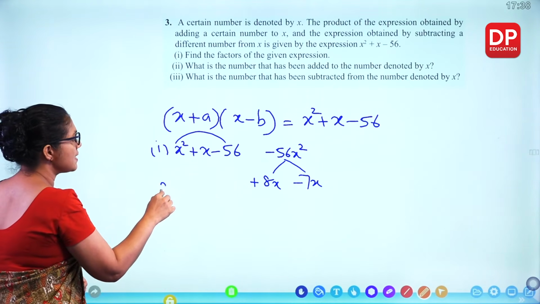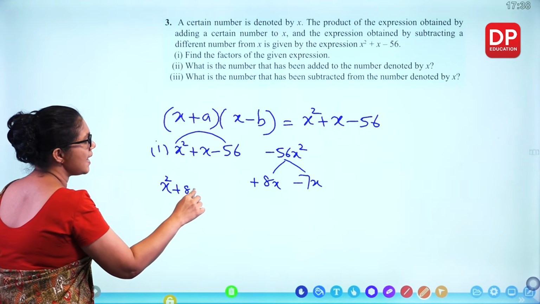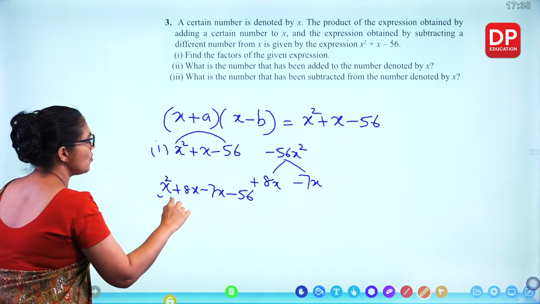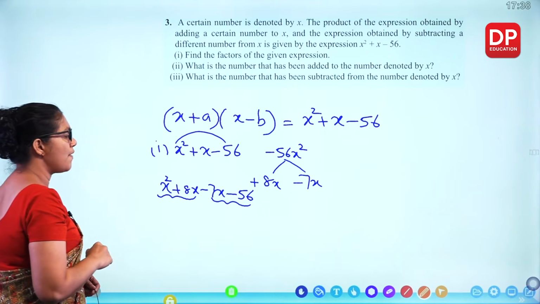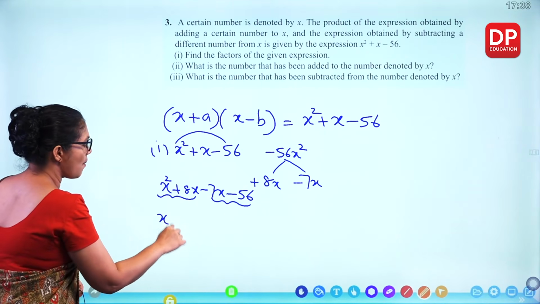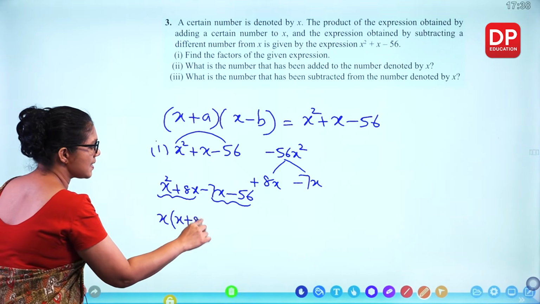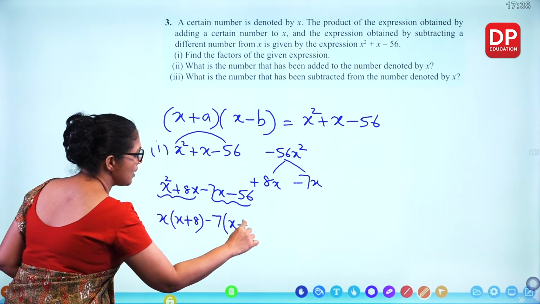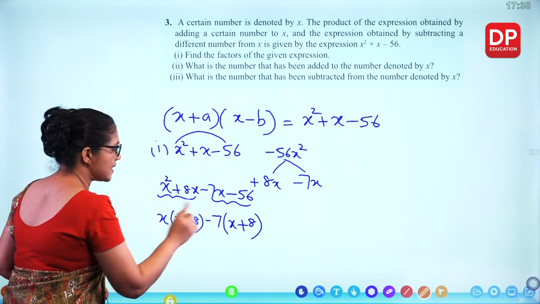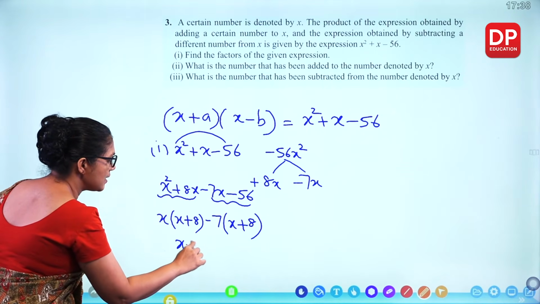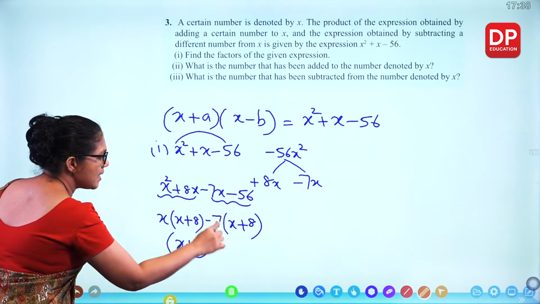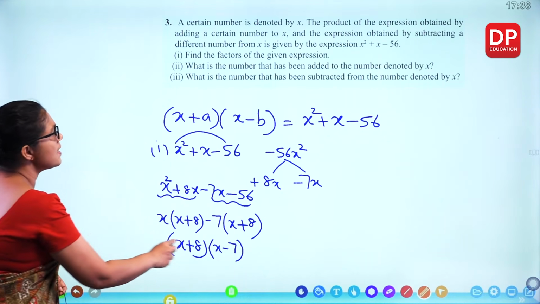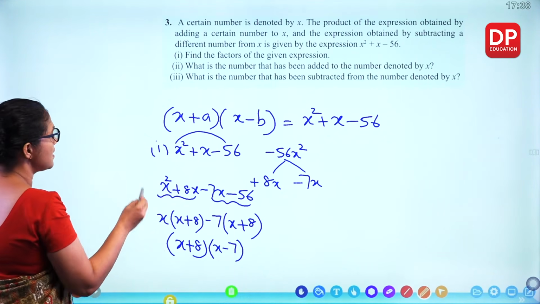So split the middle term into plus 8x and minus 7x. Take two at a time and factorize. x is common, take it out, you get x plus 8. Minus 7 is common, take it out, you get x plus 8. x plus 8 is common and the remaining part is x minus 7. So these are the factors of this expression.